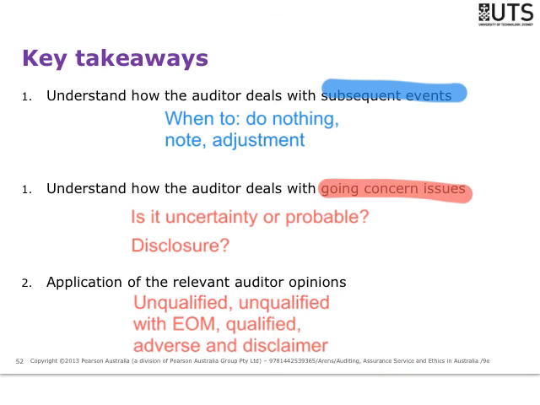Okay, so these are predominantly the 5 types of opinions that you will be required to issue. So this is for one specific event. It'll be one of these 5, right? You have a combination with emphasis of matter with the other qualifications if there are multiple events occurring. Okay, so these are the most important factors coming out of this lecture.